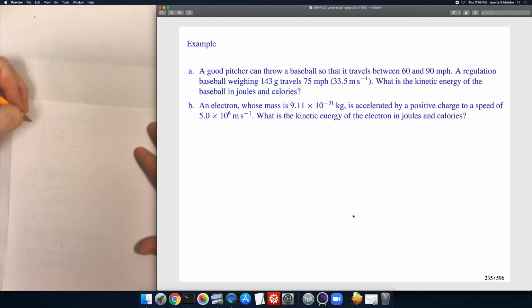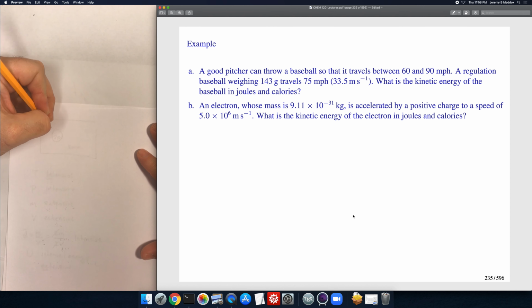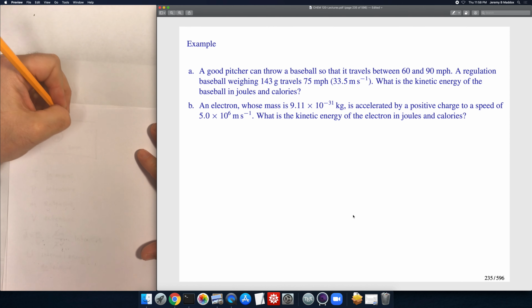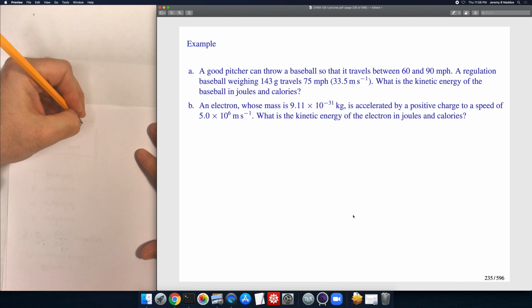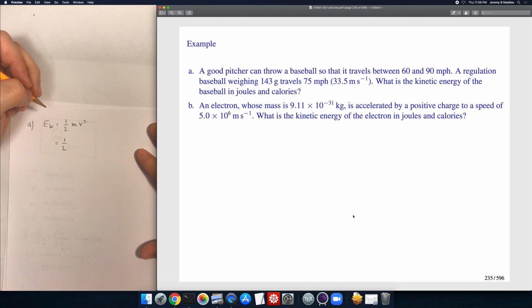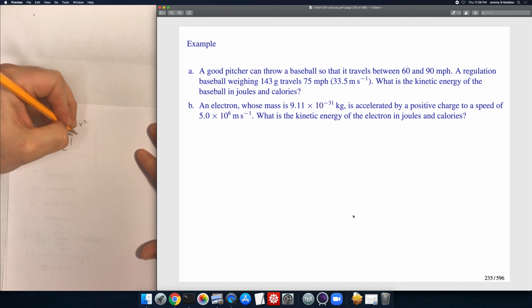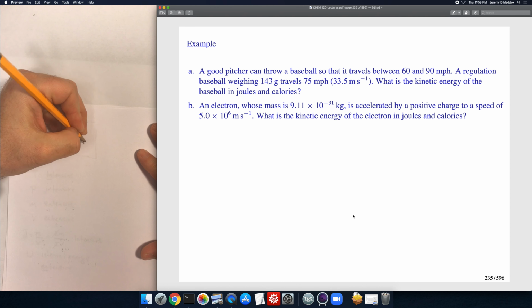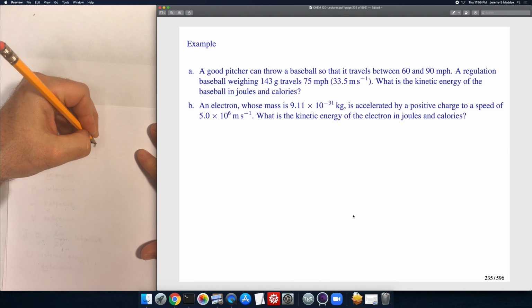Well, if you put all of your units in SI units, then the output will also be in SI units. So let's calculate this kinetic energy using the kinetic energy formula. Recall that the mass is in kilograms, not grams. So we are going to take this baseball to be 0.143 kilograms, okay?